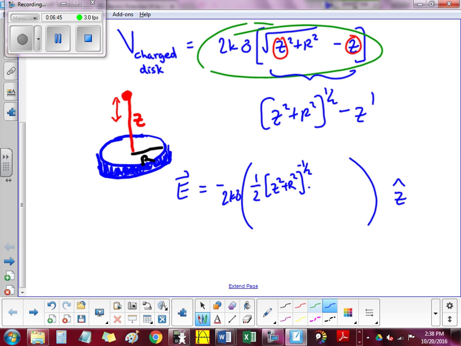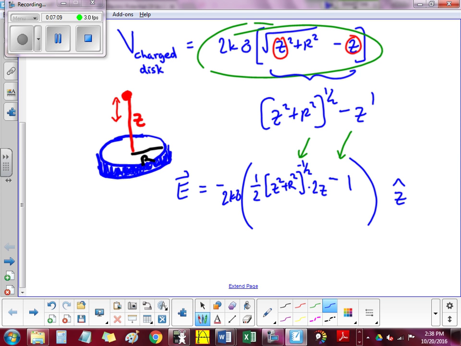And then it's going to become (z squared plus R squared) to the negative half. Now we're going to apply the chain rule to the inside. What's the derivative of z squared plus R squared? Just 2z. Okay, that term is done. Now let's derive just z to the first. What's the derivative with respect to z of z to the first? Just 1.